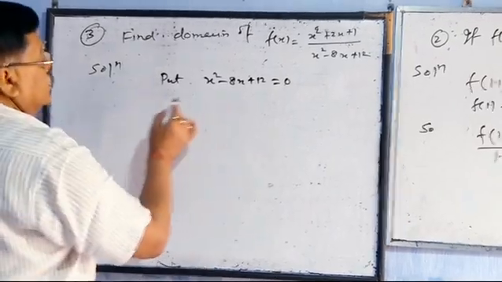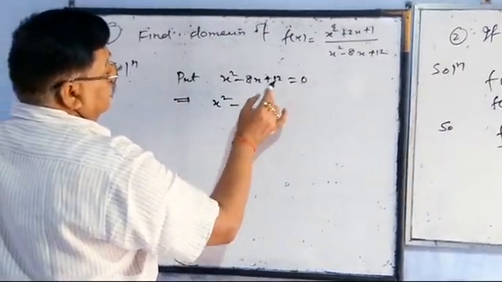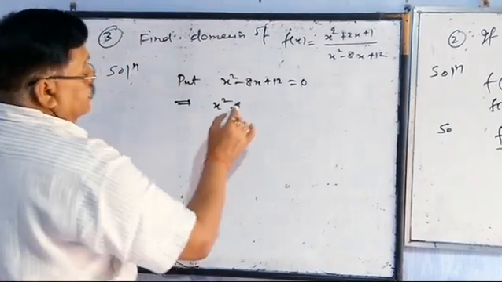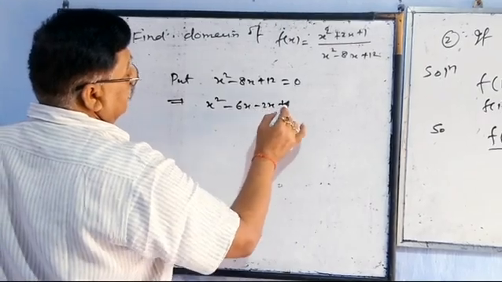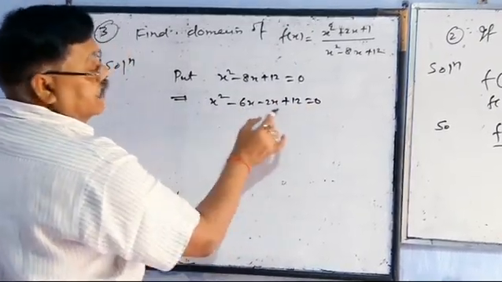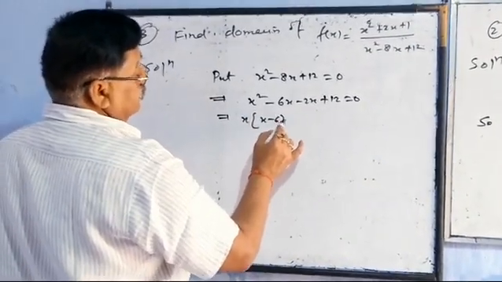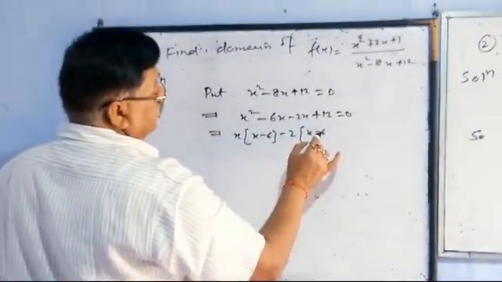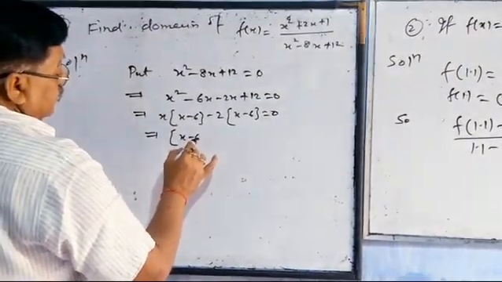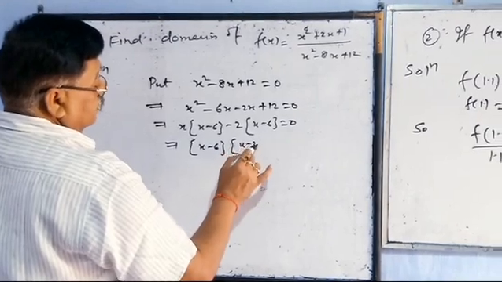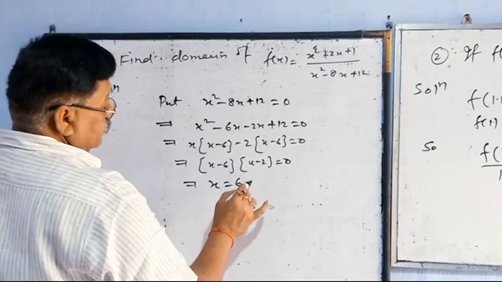Now we factorize this: x square minus 6x minus 2x plus 12 equals 0. By splitting, x is common, x minus 6; minus 2 is common, x minus 6. So (x minus 6)(x minus 2) equals 0. So x is equal to 6 or 2.